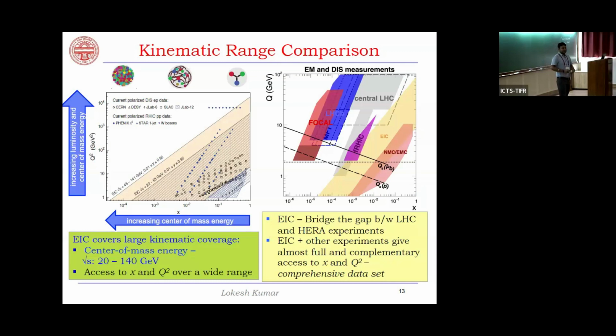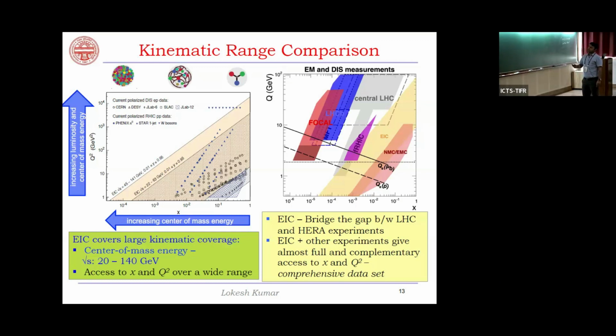Then the kinematic range covered by EIC: the left plot is x versus Q square. As you increase the center of mass energy, x decreases and Q square increases. The range covered by EIC is shown here, and also the regions covered by the other experiments. So one can see it has a wide range over x and Q square, and on the right side you see x versus Q, where the EIC region is also compared with the future LHC experiments and the past experiments.